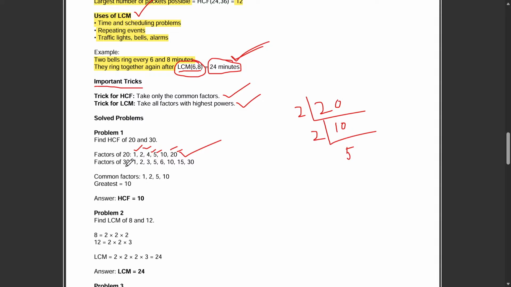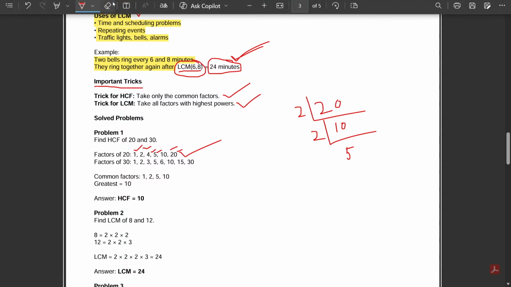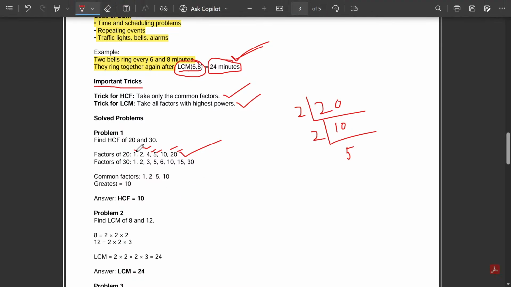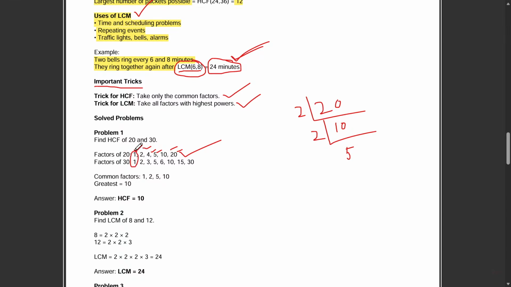Okay. Similarly, we'll find the factors of 30. That is 1, 2, 3, 5, 6, 10, 15, and 30. So we'll now find the common factors. The common factors are 1, 2, 5, and 10.